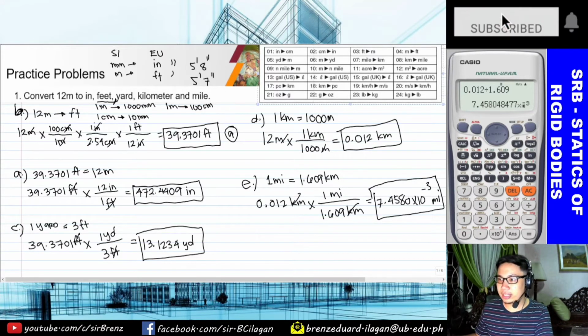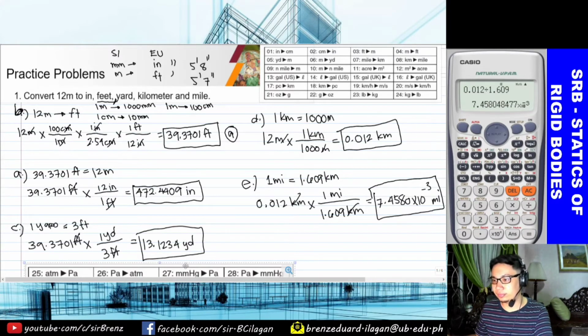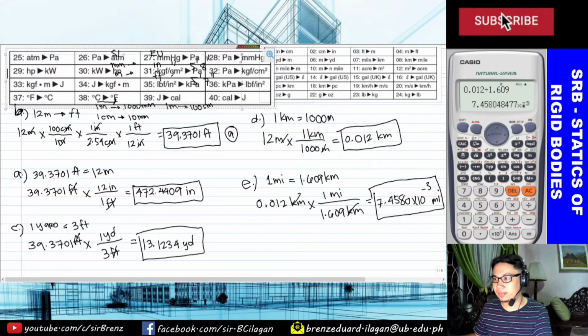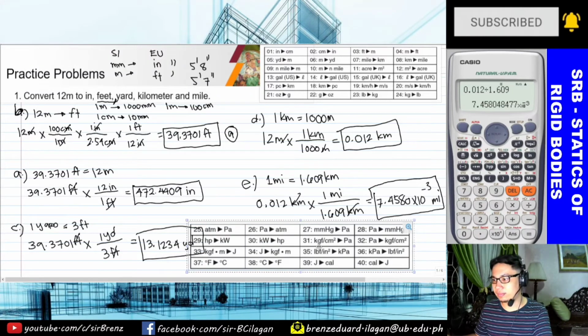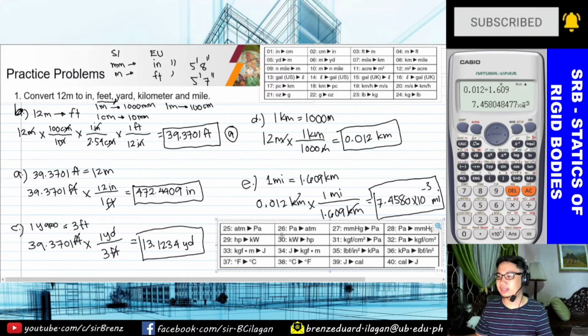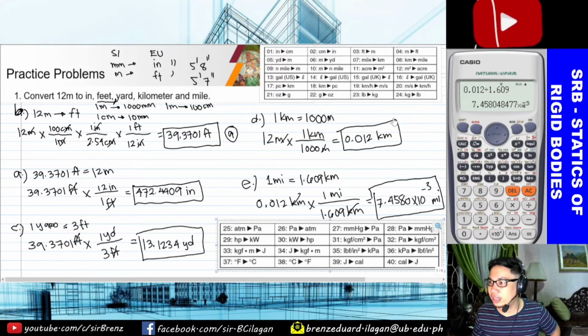Pero kung nakita na ng iba, ayan yan. So kung mapapansin nyo, meron kayo dyan mga conversion. Wait lang guys ha. Ayan. So meron ka mga 14 na conversion na nandun sa inyong calculator.